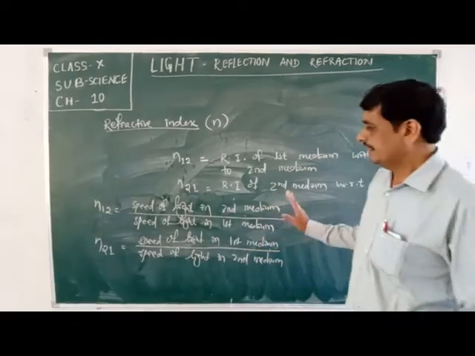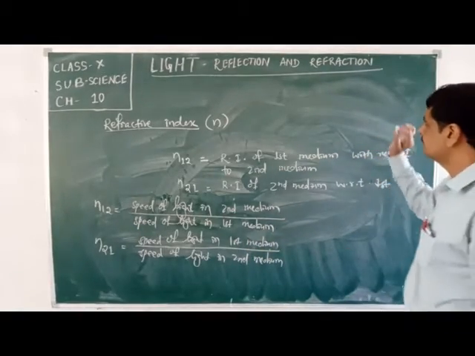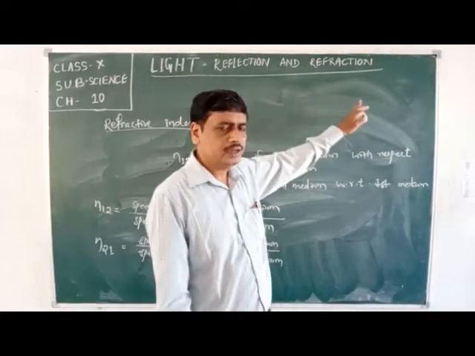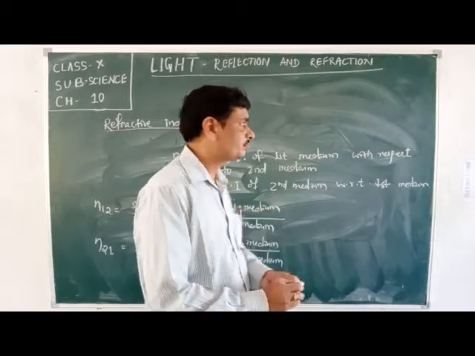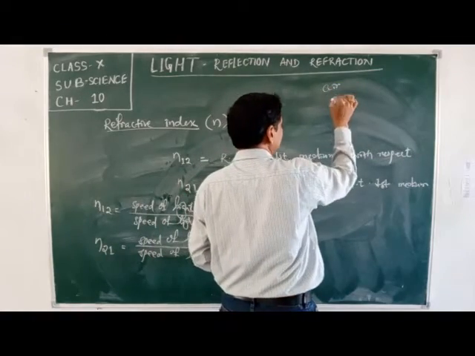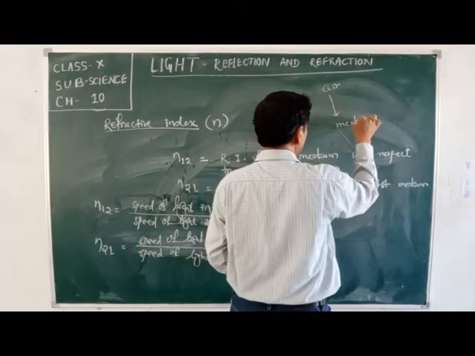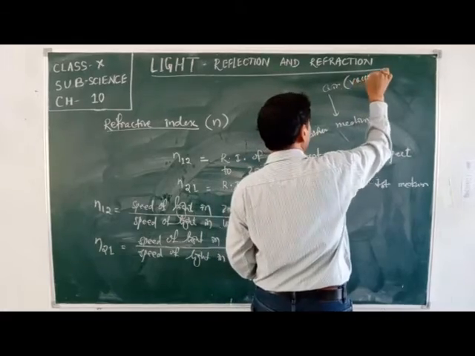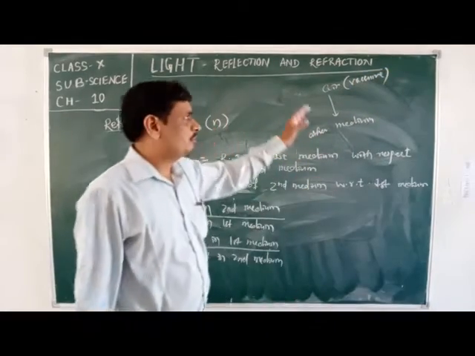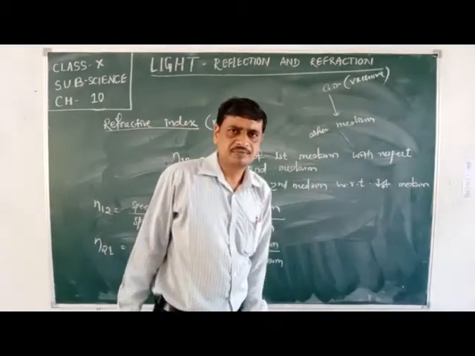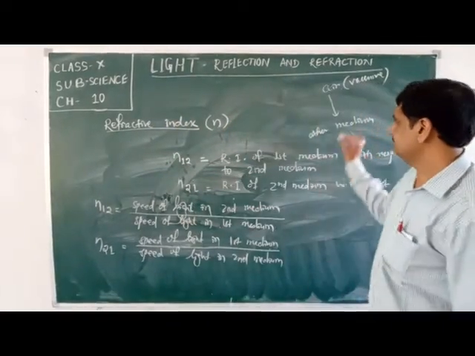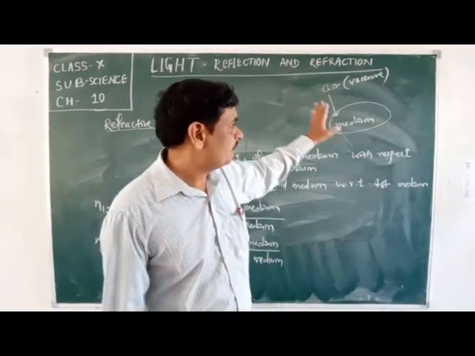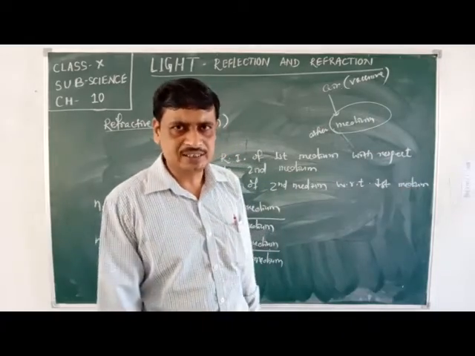When a ray of light is coming from air and enters into any other medium, maybe air, maybe vacuum, from air to another medium, and we want to find the refractive index of that medium, then this type of refractive index is called absolute refractive index.